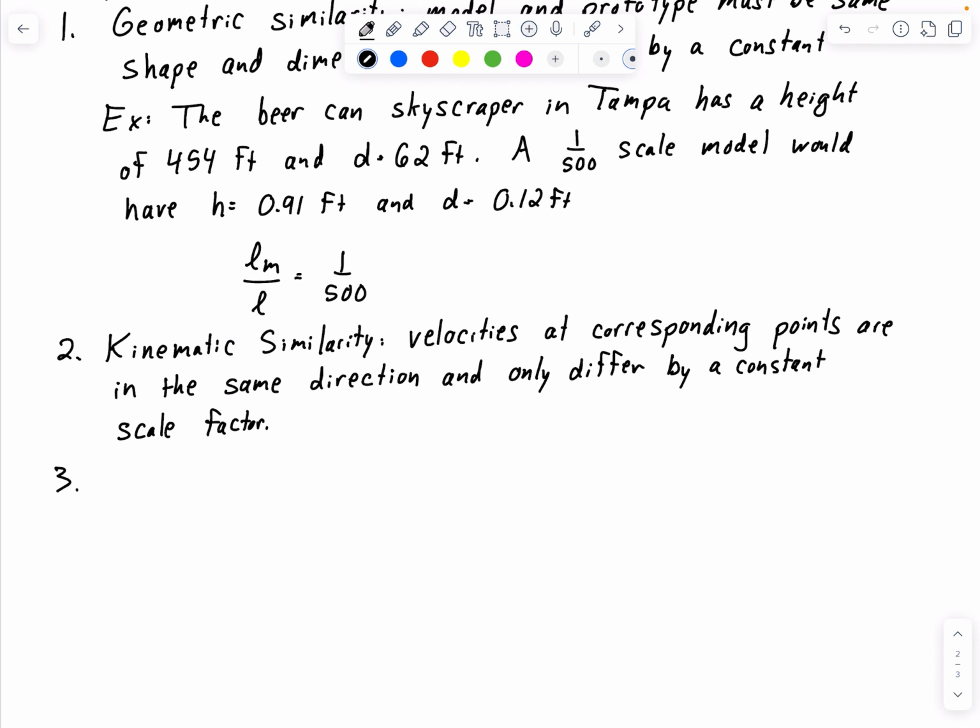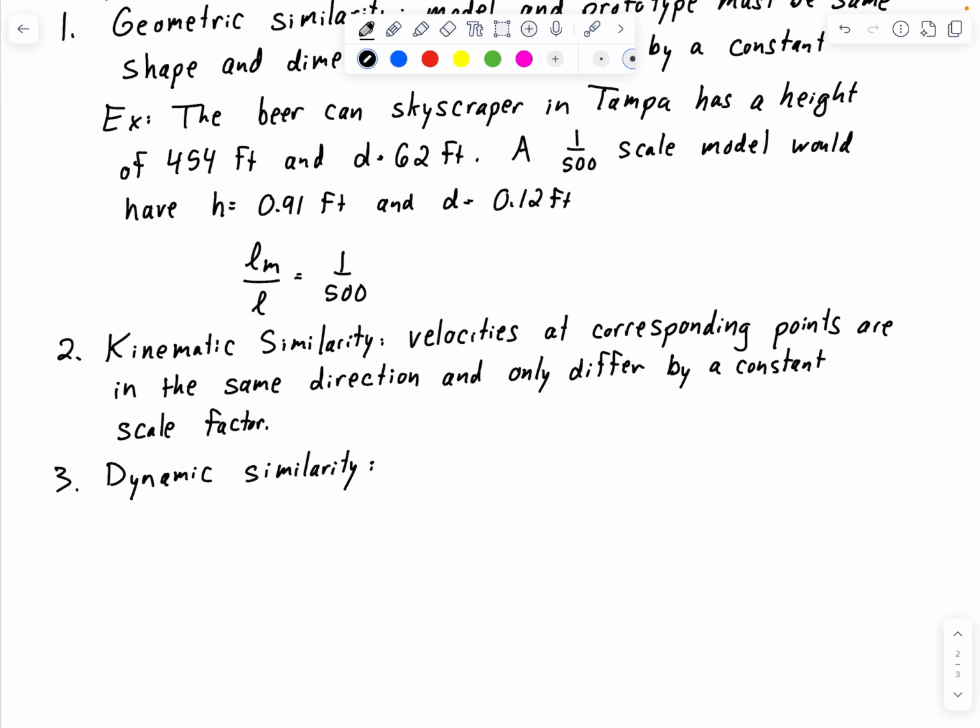And the third kind of similarity, and sort of the most difficult to achieve, but also the most important in many circumstances, is dynamic similarity. And dynamic refers to forces.